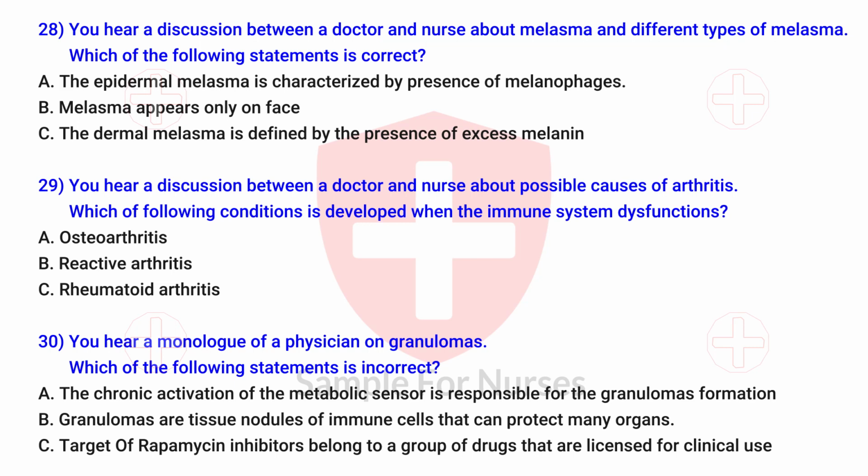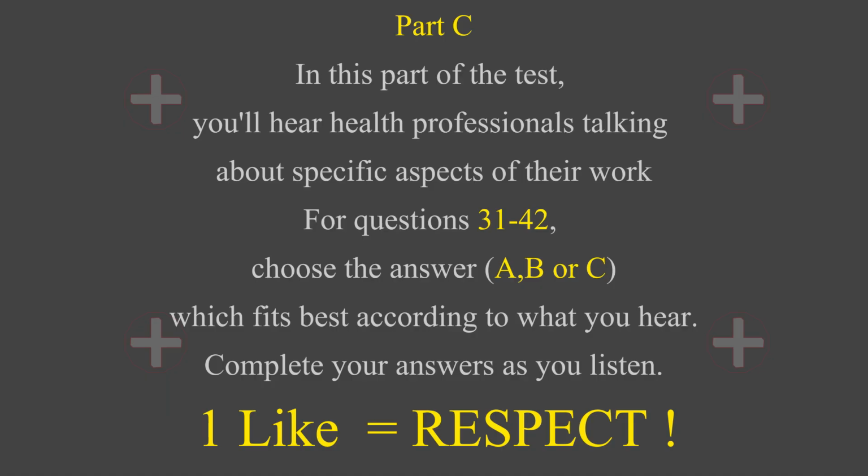This is the end of Part B. Now look at Part C. Part C. In this part of the test, you'll hear two different extracts. In each extract, you'll hear health professionals talking about specific aspects of their work. For questions 31 to 42, choose the answer A, B or C, which fits best according to what you hear.